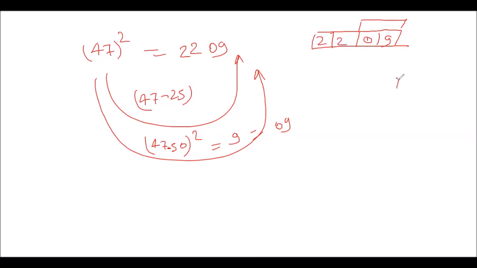You can check like 47 times 47. 7 and 7 are 49. 7 into 4 is 28, and 4 is 32. 7, 28. 4 into 4 is 16, and there's 2 carry.